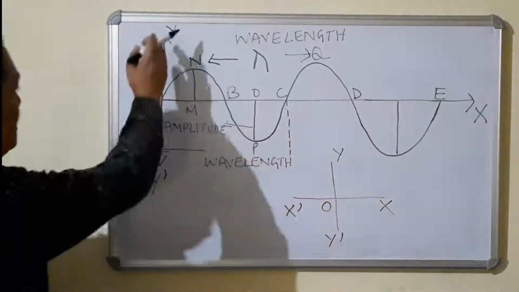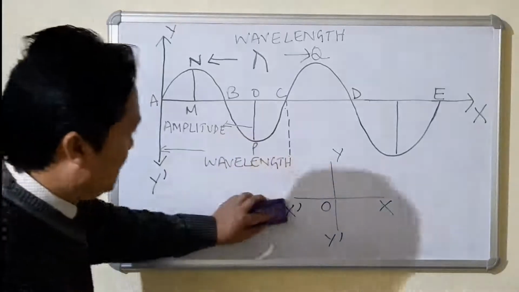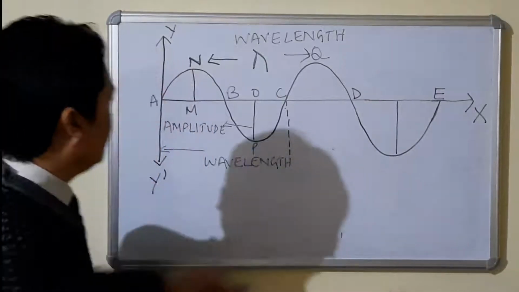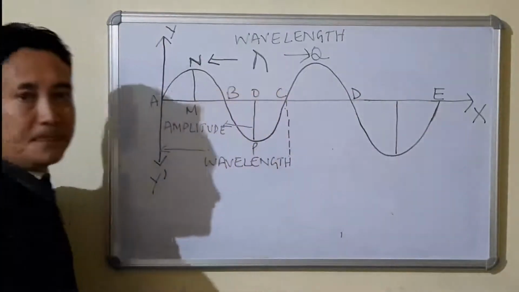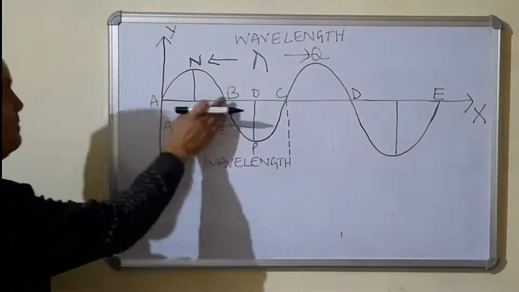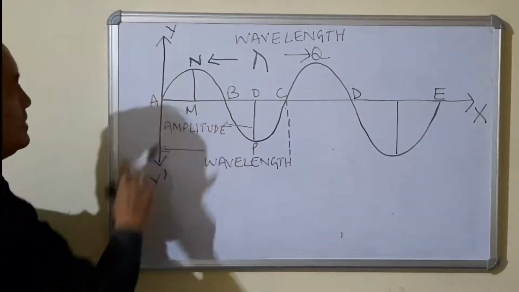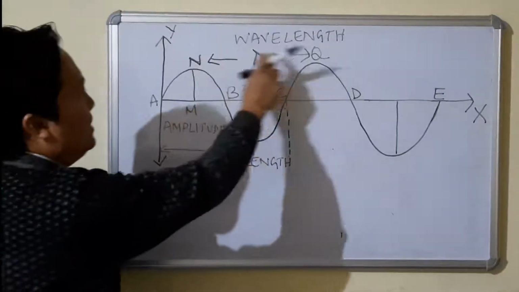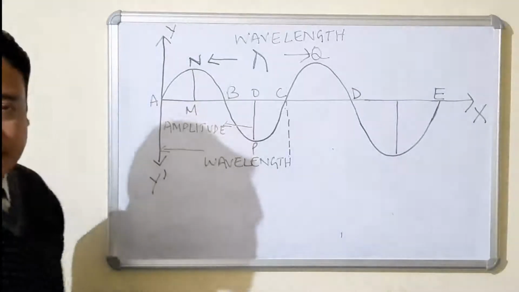On the x-axis I have drawn a curve like this, and I have written the letters A, B, C, D, E, then N, M, then O, P, then N, Q.